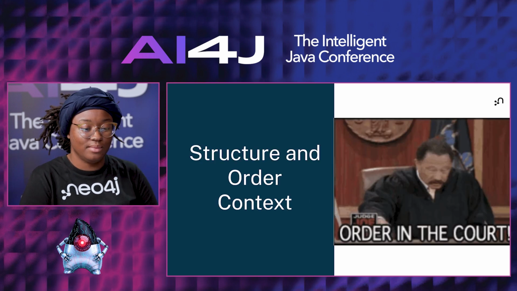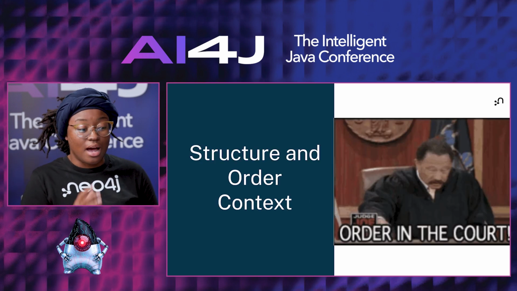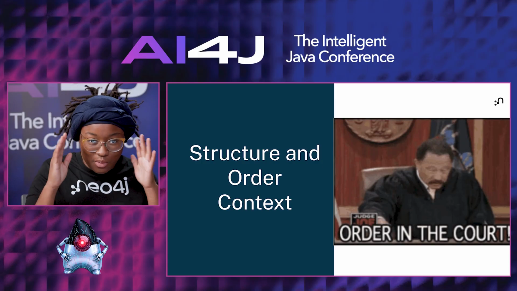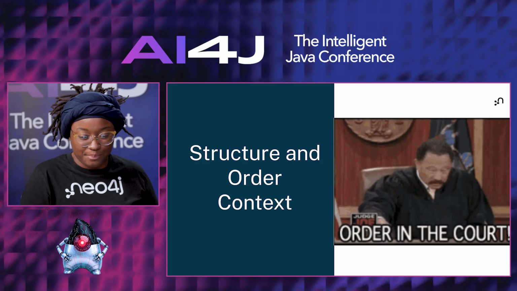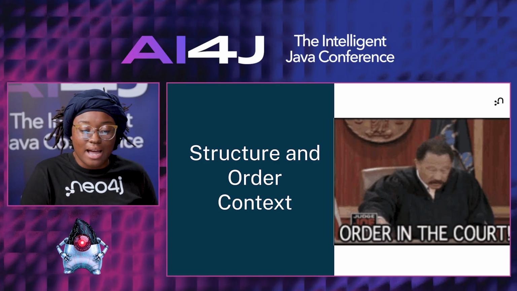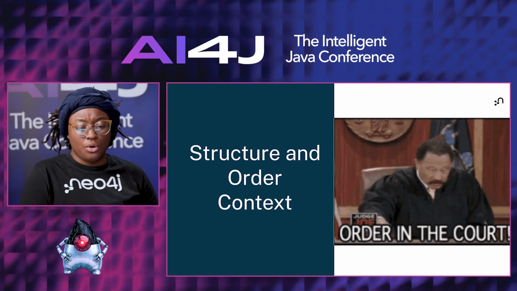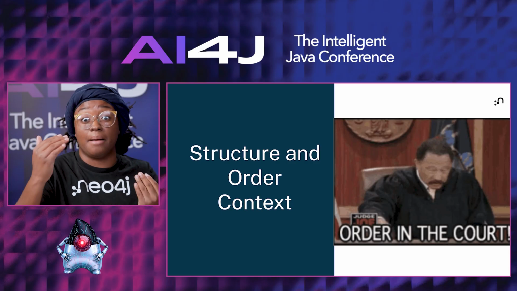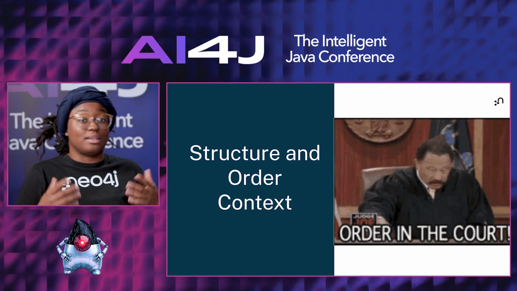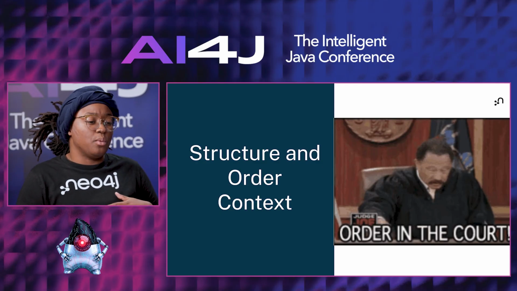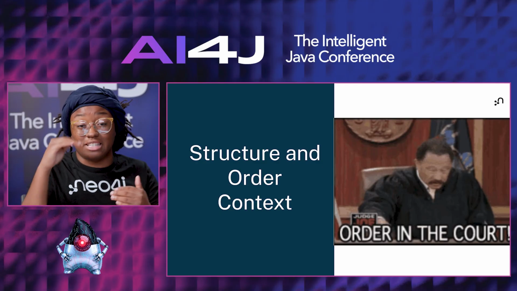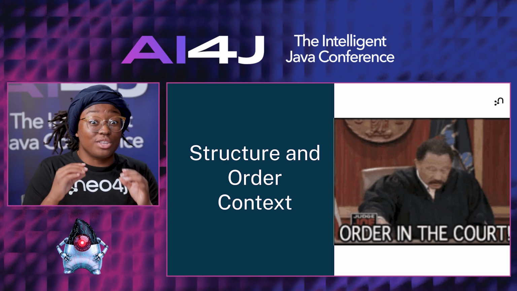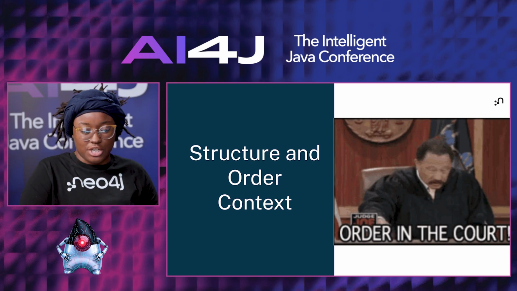You can also use context structuring and ordering. I have here order in the court to try and make you remember ordering different information. Anthropic, for example, has different guidelines for long prompts, like placing the most relevant or critical information at the top. A lot of us do that, and sometimes it's second nature now. We put the most important information at the top of the prompt, guiding our agent to make sure it really focuses on that information.